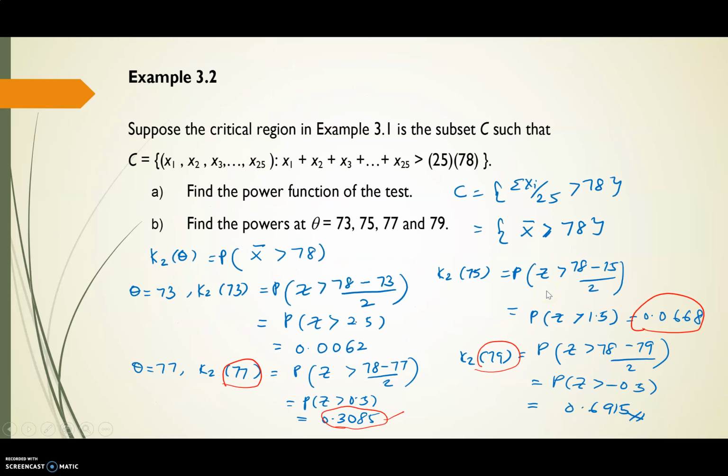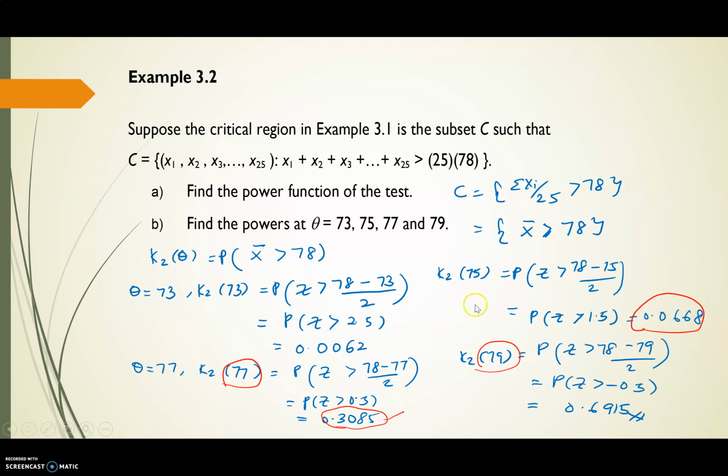We proceed with the second example, where theta is now equal to 78. The power function of the test in this case is the probability x bar greater than 78. We repeat the same procedure. When H0 is true, theta equals 75, we got a probability of 0.0668.